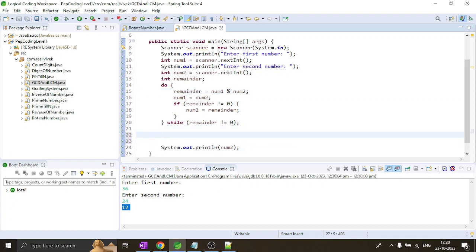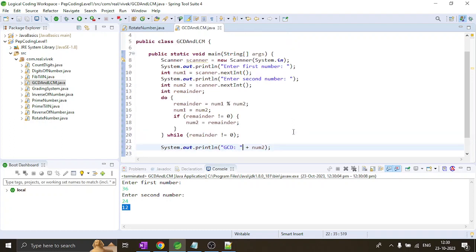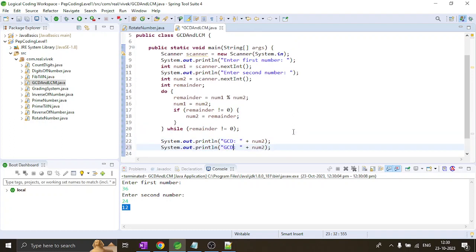Now let's try to calculate the LCM. We can directly print it. This is the GCD. The LCM we can find out using the property. So basically we would have lost all the numbers here, so it's better that we keep a copy of those numbers.